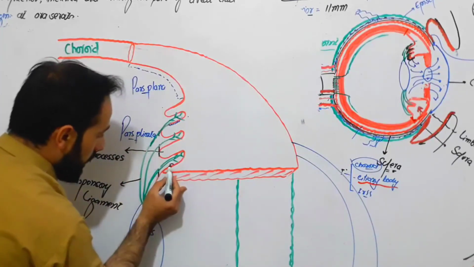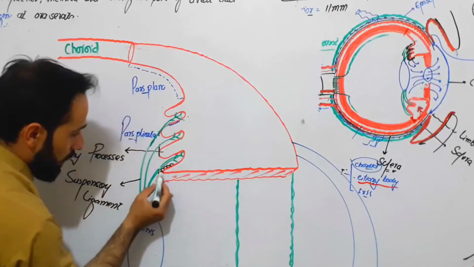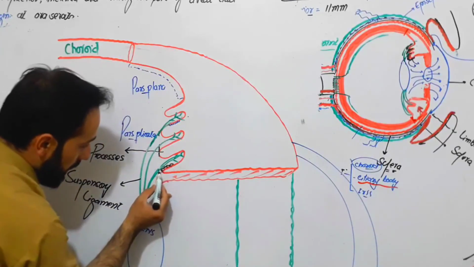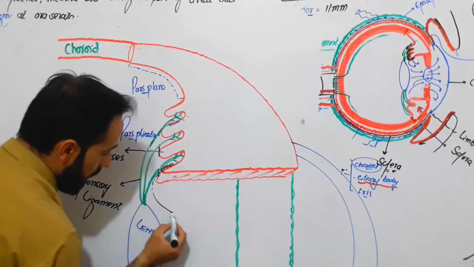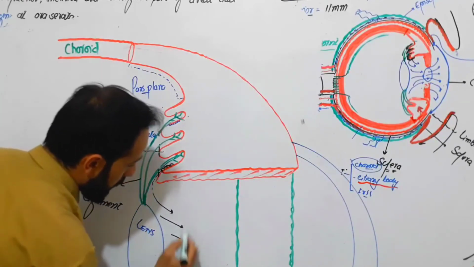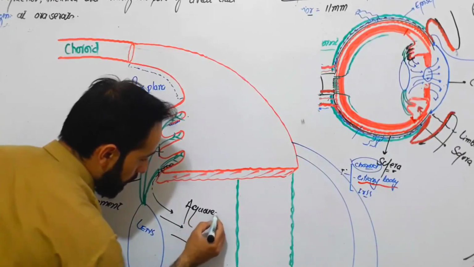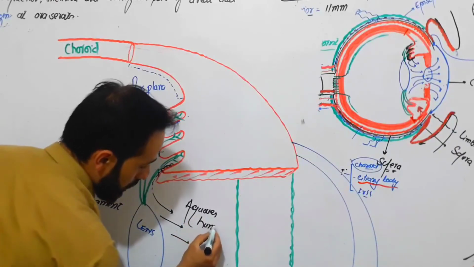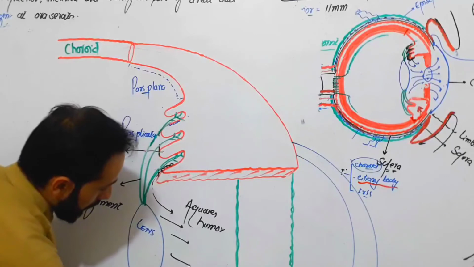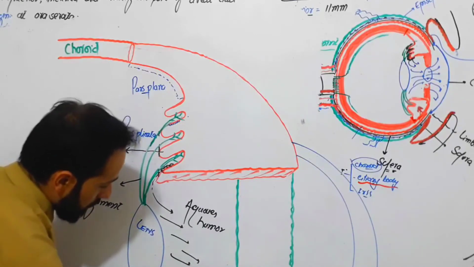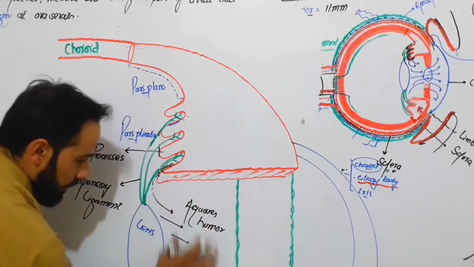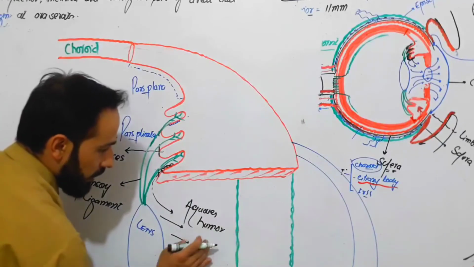So these cells are responsible to do what? I told you that they synthesize and secrete what? Aqueous humor or aqueous fluid into the posterior chamber, right? In front of the lens and posterior to the iris.